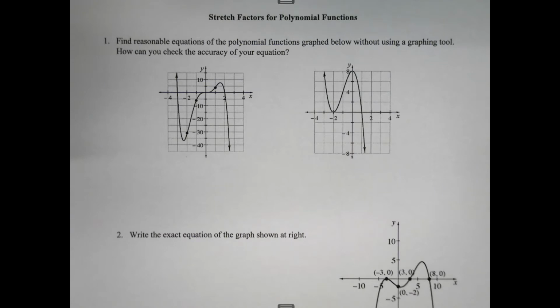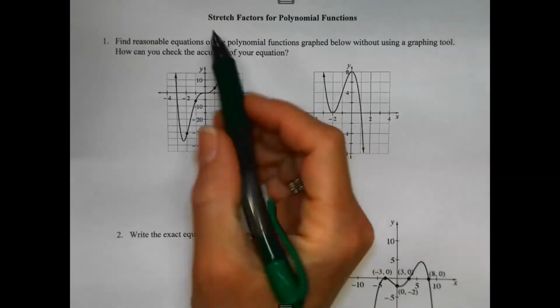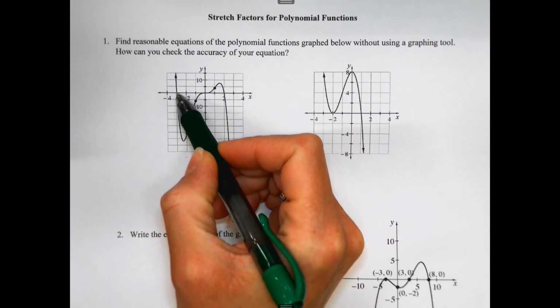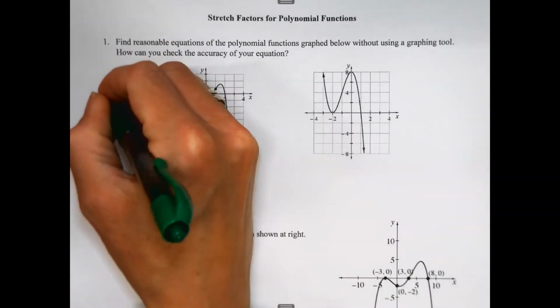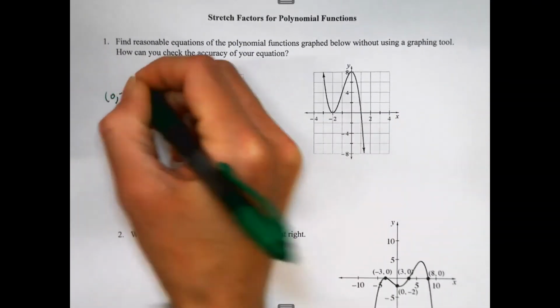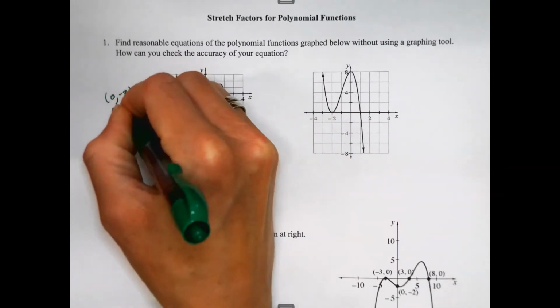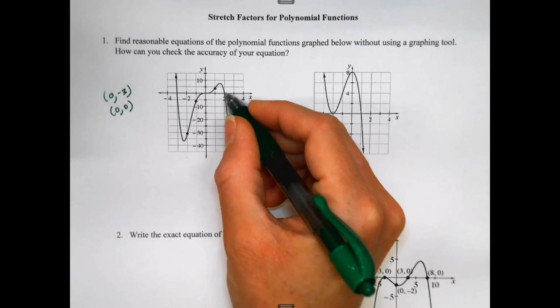So based on what we have talked about up until this point, we look at our intercepts. So here we have an intercept at 0, -3. We have an intercept here at 0. We have an intercept at 2.